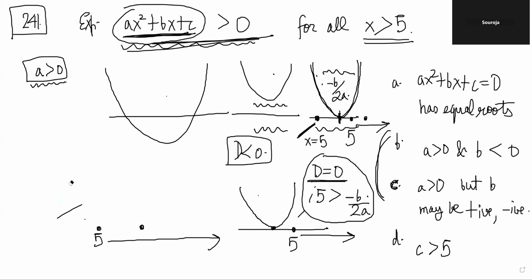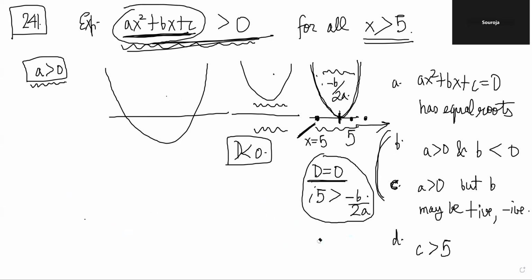Now, for the other graph, where the discriminant is positive, is it possible? It is possible if 5 is here. Above 5, it will be positive. So here also it is possible if the discriminant is positive, but you have to make sure that f of 5 is greater than 0, that is, the value of the graph at 5 is greater than 0.